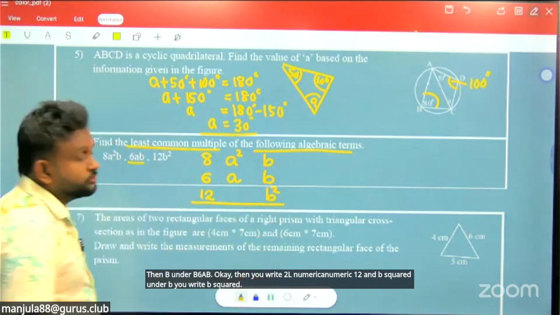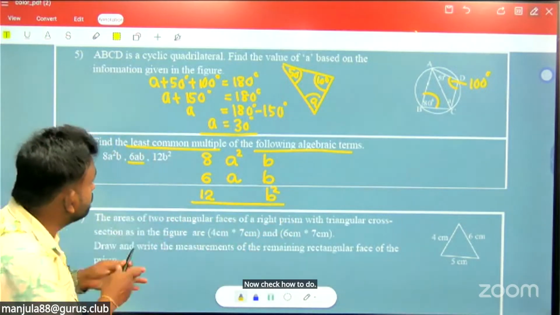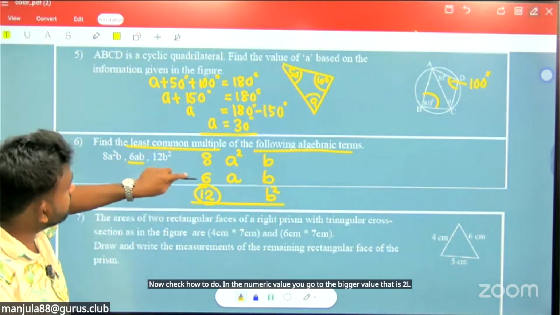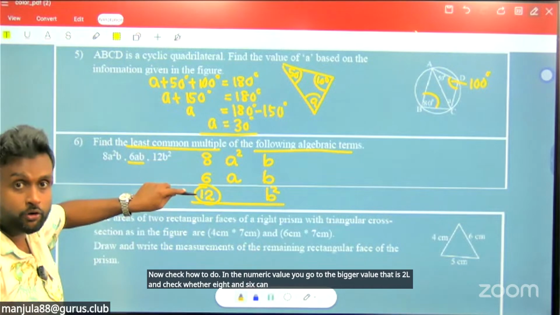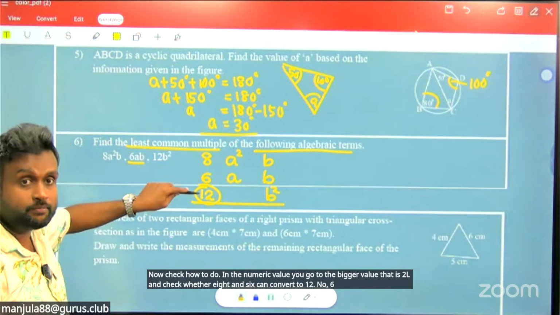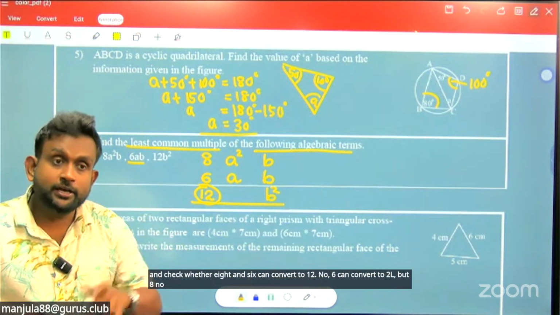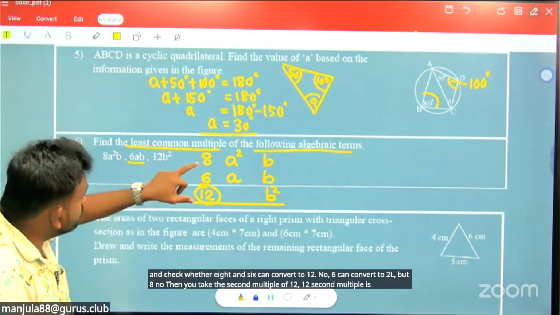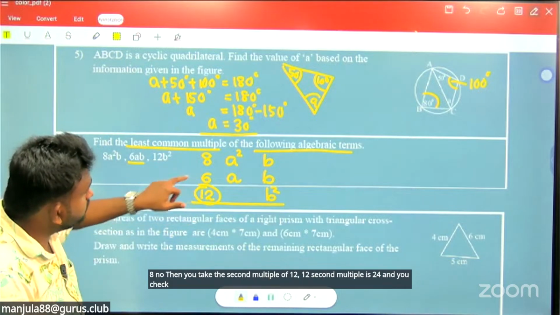Now check how to do. In the numeric value, you go to the bigger value, that is 12, and check whether 8 and 6 can convert to 12. No, 6 can convert to 12, but 8 no. Then you take the second multiple of 12, which is 24, and you check 8 can convert to 24, 6 also 24.